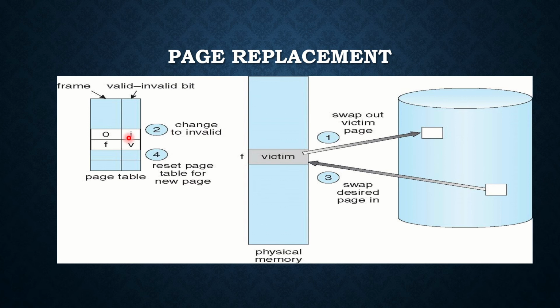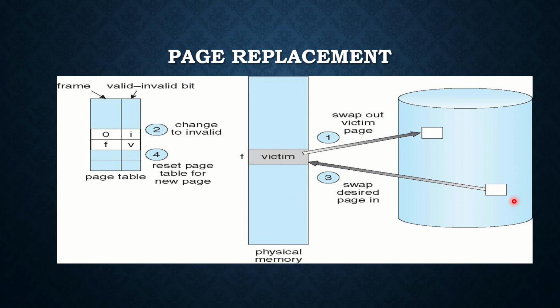Then what happens? It will find some frame, called the victim frame, and swap out that particular frame. Now that frame is free.